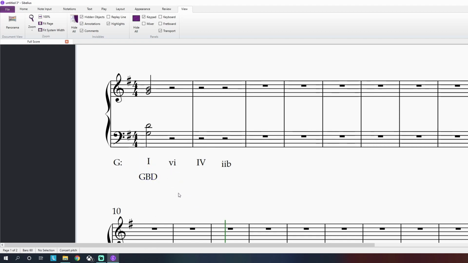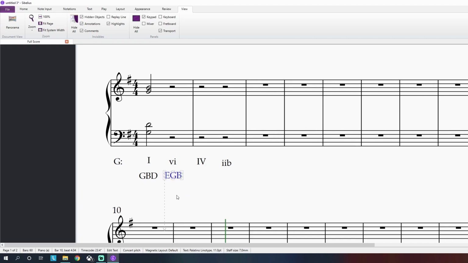Okay, chord 6 now, the triad E, G, B. And we're going to see what works in terms of doubling and what doesn't. So we've got an E in the bass. Now we have the option to potentially double the root.